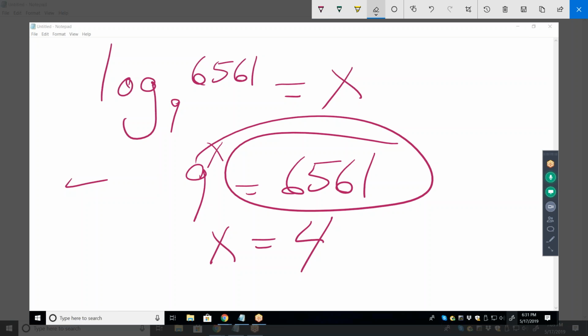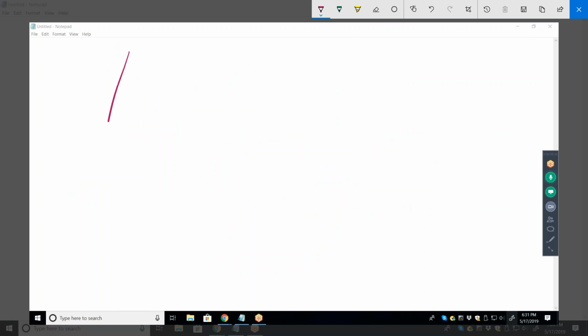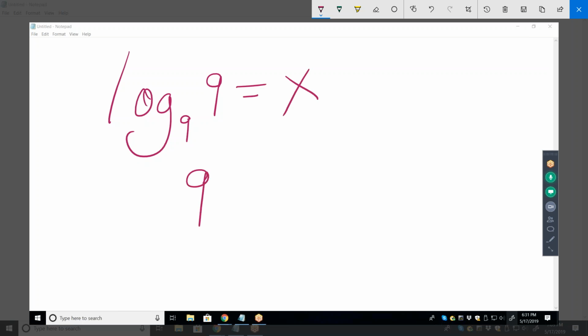So let me give you one. What's log base 9 of 9 equal to? Very good. I'm going to let it equal x, and then I'm going to say 9 to the x has to equal 9. X has to be 1.